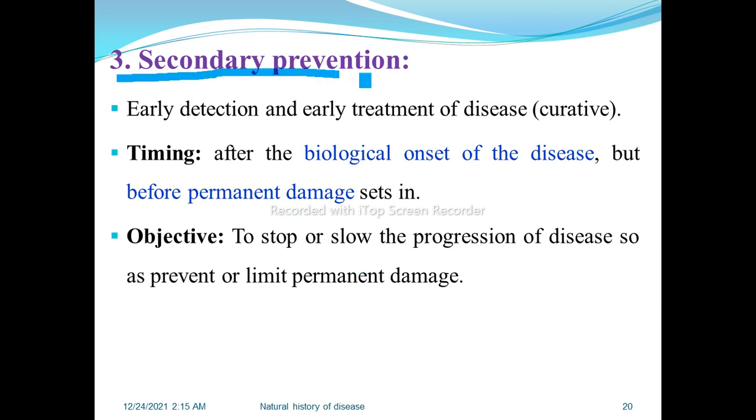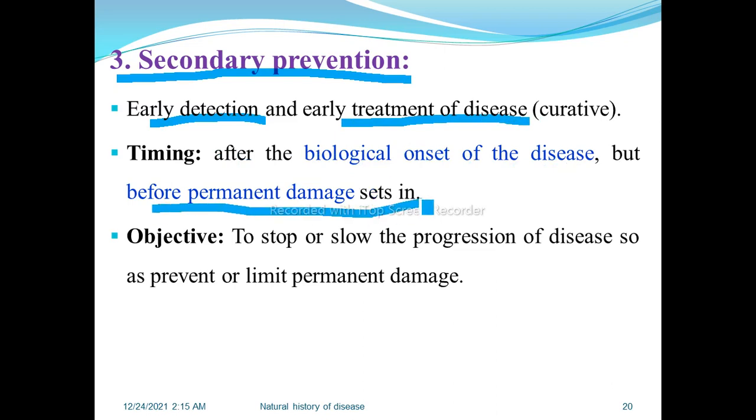The third one is secondary prevention. In this case, our action is early detection and early treatment of the disease. The action is taken after the biological onset of disease, but before permanent damage sets in.